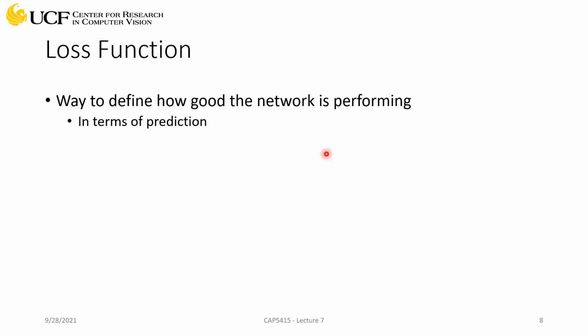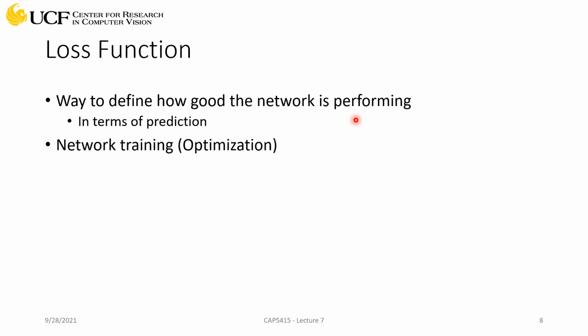If the network says Apple with a high probability, it means the network is doing pretty well. But if it says something else, maybe fish, then it means it's performing very badly. So based on those predictions, we can define a loss function which will give me a number, and that number will say how good the network is performing at this particular state of time.